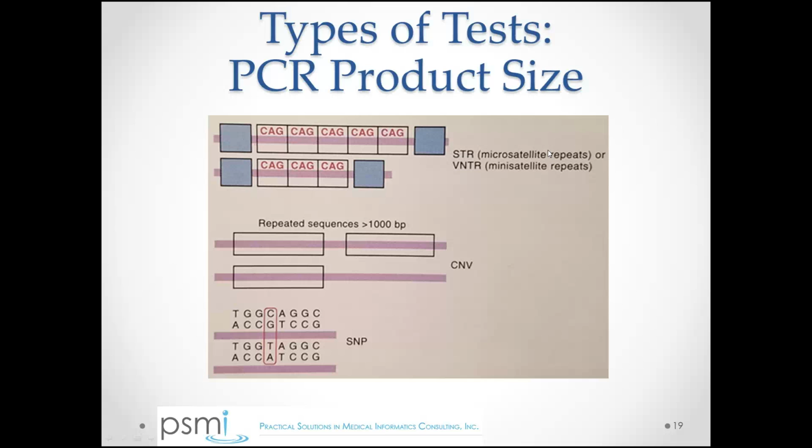And what's going on in patients with Huntington's disease is that when this chromosome is replicated, the number of repeats increases. And once the number of repeats increases past a critical juncture, the patient can then develop Huntington's disease.